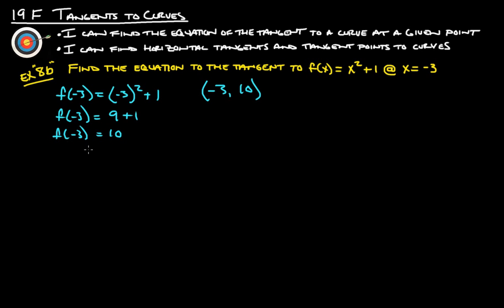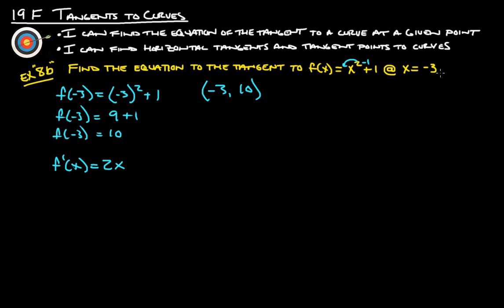Next, we want to find the slope, so we have to take the derivative. f prime of x is, we take the 2 out front, so we get 2 times x. We already did this once, so 2 minus 1 is 1, and the derivative of any constant is 0. So there's our derivative function.